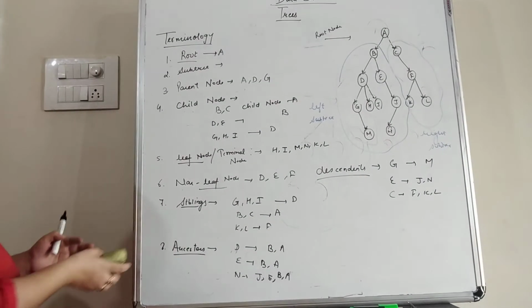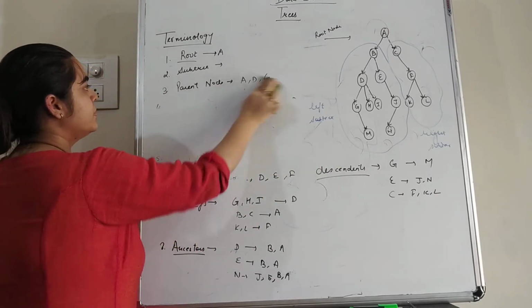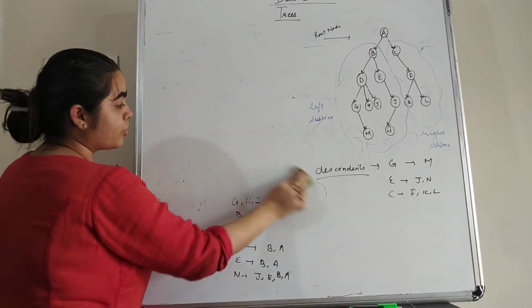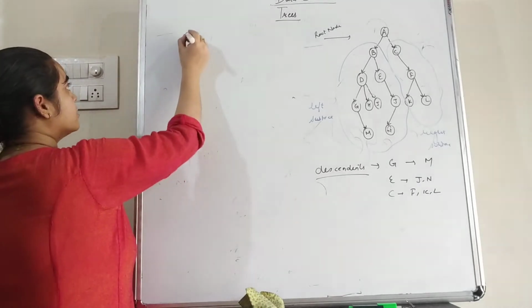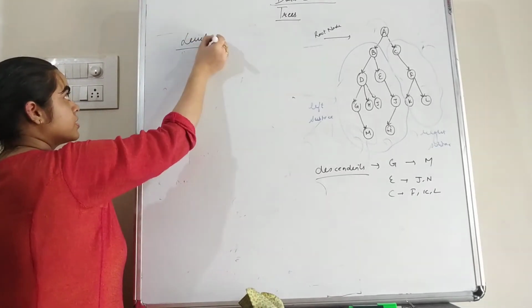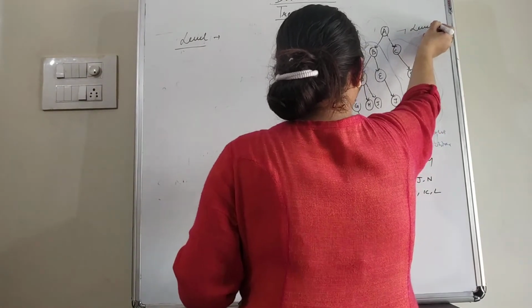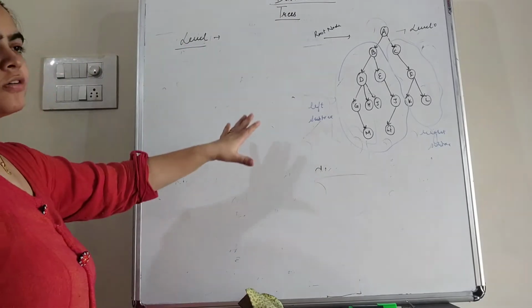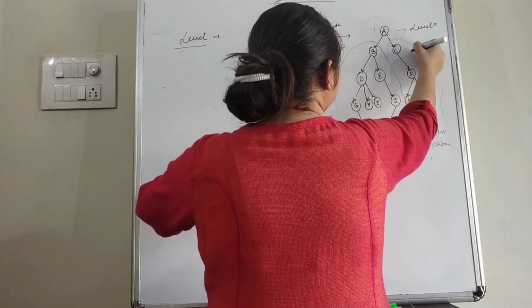Now after this, students, we can see the level of the tree. So level means the total height of the tree starting from the root node. The level of the root node is always 0. So students, if we look at the levels of this tree, the root node always starts with level 0.